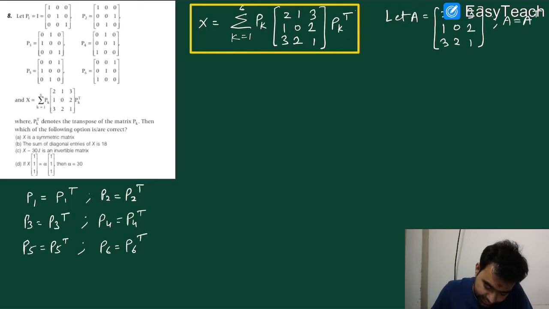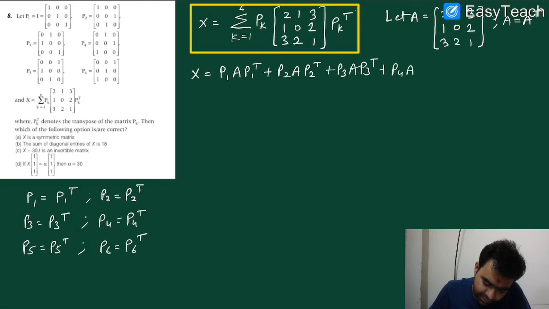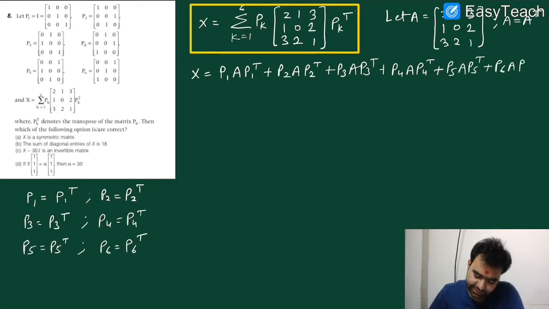So here X is equal to P1A P1 transpose plus P2A P2 transpose plus P3A P3 transpose plus P4A P4 transpose plus P5A P5 transpose plus P6A P6 transpose. This is our matrix X. Now we have to calculate its transpose.